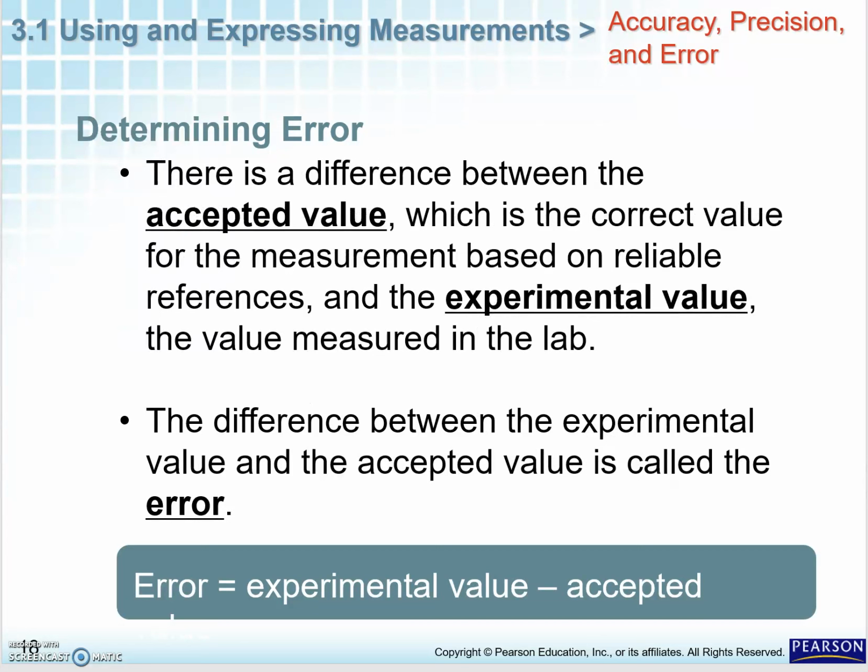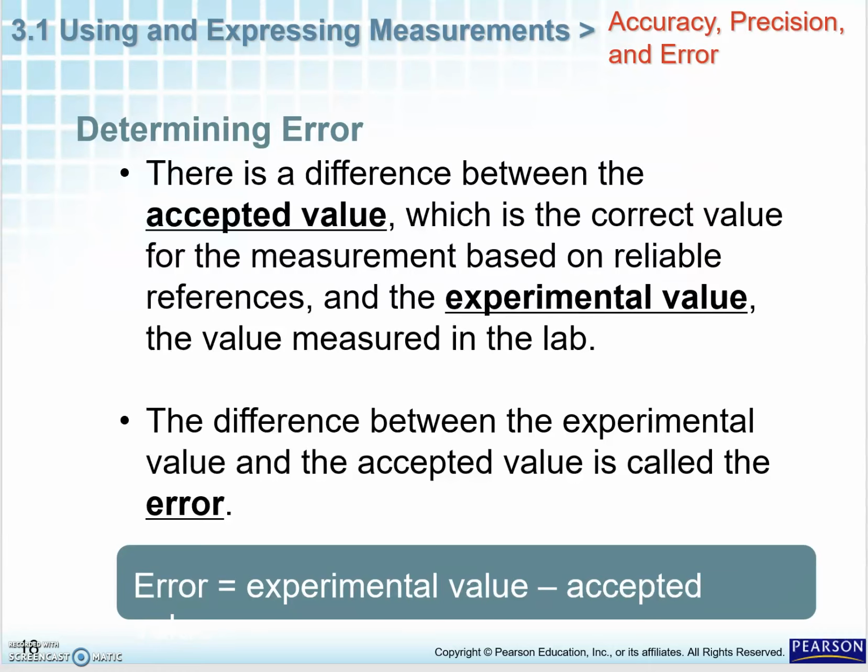There is a way to determine how much error has occurred in your measurement. So we use something called the error value. So error is determined by the experimental value minus your accepted value. Your accepted value is the one that has been shown to be correct time and time again.